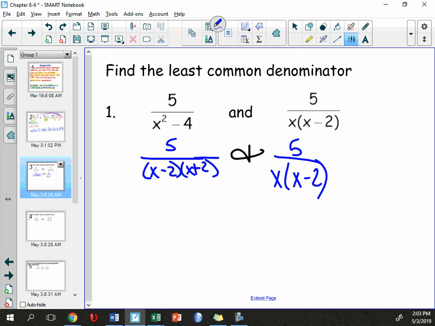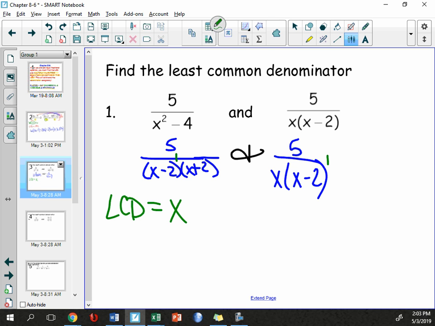Now I have to find my LCD. How do I find my LCD? Well, we need to look for any GCFs on the outside of each denominator. Do I have a GCF in the first denominator? No. Is there a GCF in the second one? There's an x. So I have to make that part of my LCD. Do we understand that? Now, I have an x minus 2 here. Do I have an x minus 2 in the other one?